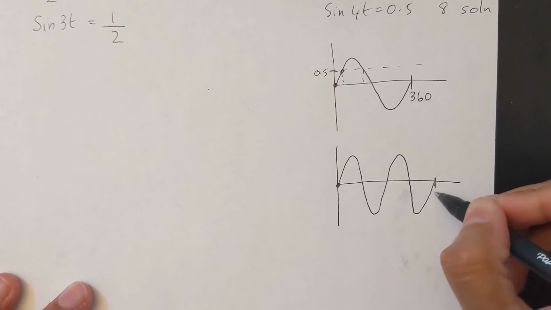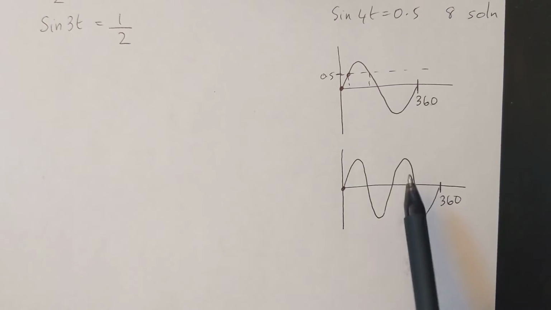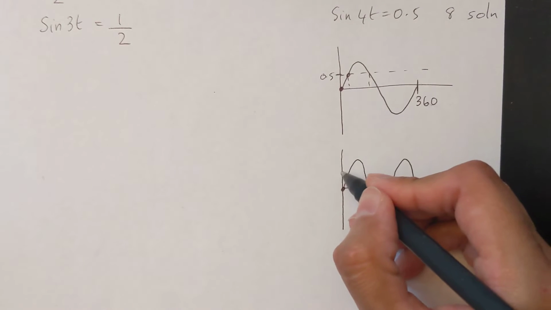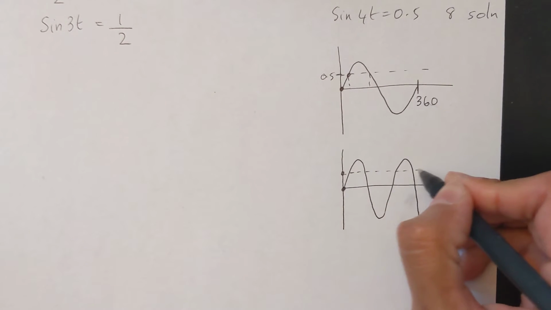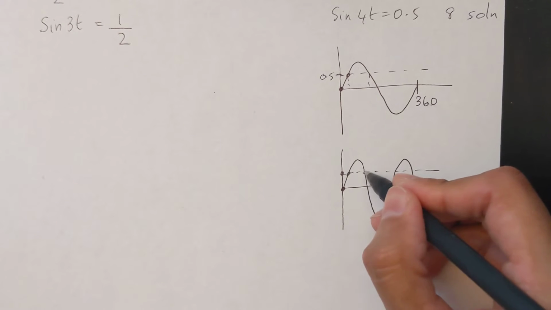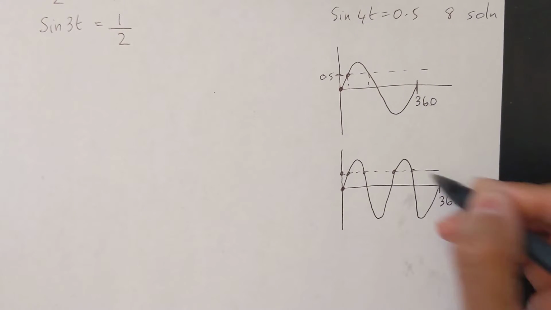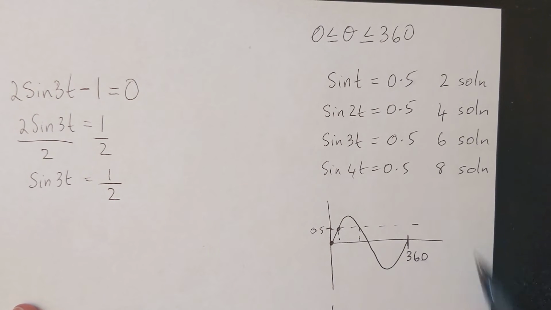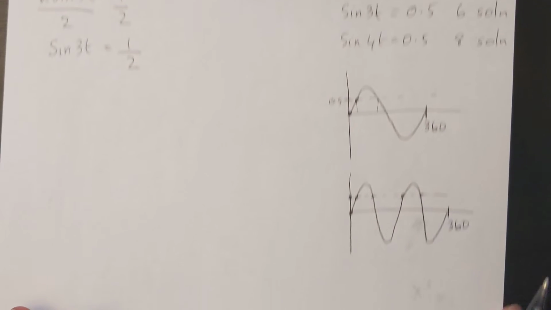And this is going to be 360 because the period changes. So sine 2t means we have 2 waves in 360. If I draw my line across at 0.5, you can tell that we have 1, 2, 3, 4 solutions. And the same idea goes for the rest of them. That's why you keep getting more and more solutions.